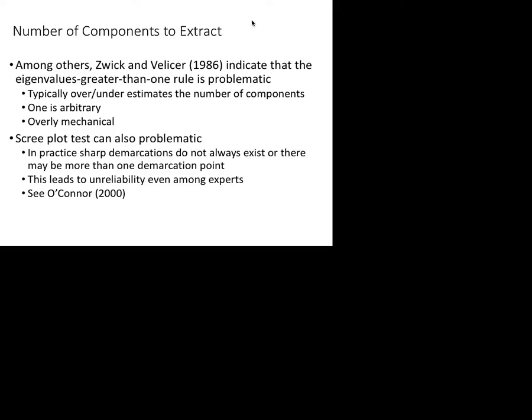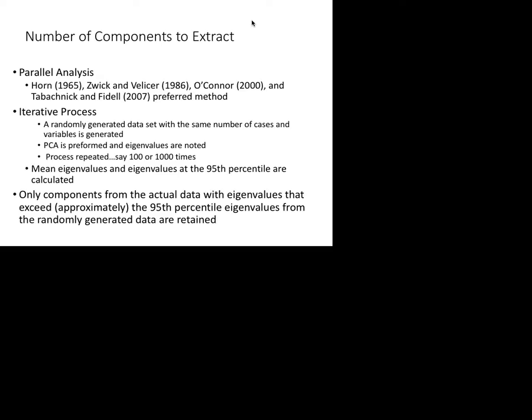I give you some people that are more expert than me, or at least they have a citation that you can use for why eigenvalue greater than 1 is problematic, and why the scree plot is potentially problematic. What we're going to do is an analysis called parallel analysis. And SPSS does all of this work for us in 15 seconds.